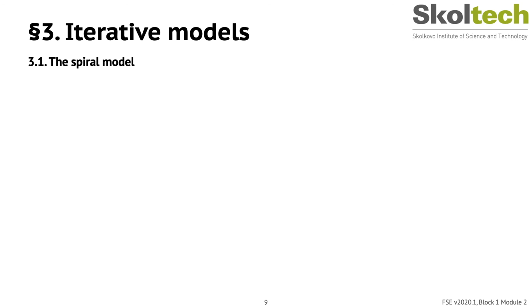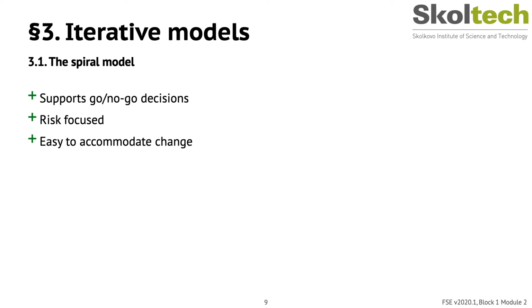The spiral approach is considered one of the most useful and flexible development approaches. The following list summarizes some of its main advantages. Its spiral structure gives stakeholders a lot of points for review and making go or no-go decisions. It emphasizes risk analysis. If you identify and resolve risks correctly, it should lead to eventual success and can accommodate change reasonably well.